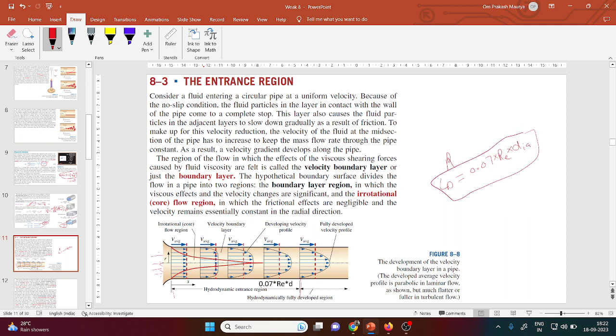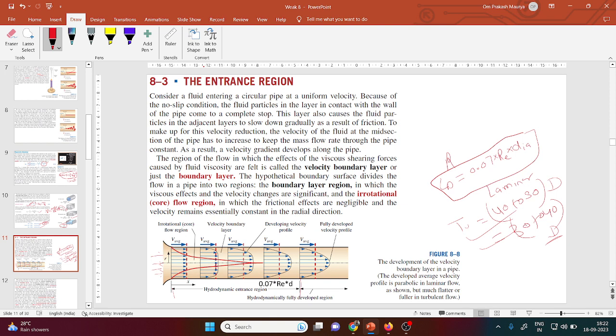For the turbulent case, lots of experiments suggested 40 to 50 times the diameter, or someone reported 30 to 40 times the diameter of the pipe.